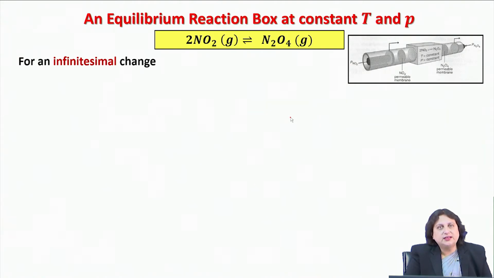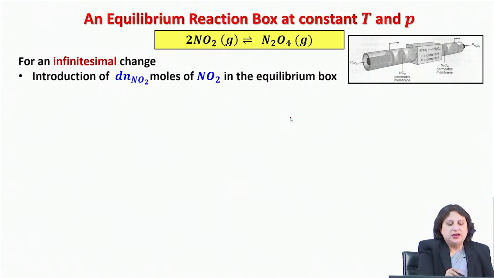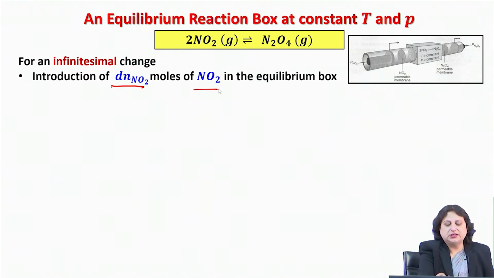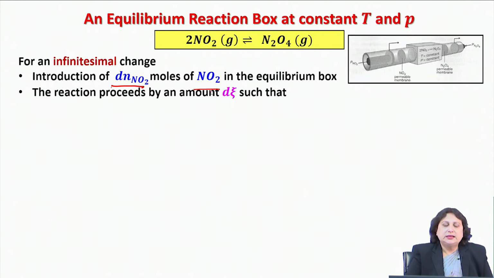And this infinitesimal change of the chemical reaction mixture involves introduction of dN NO2 moles of nitrogen dioxide in the equilibrium box. And then I would assume that the reaction would proceed by an amount d xi.